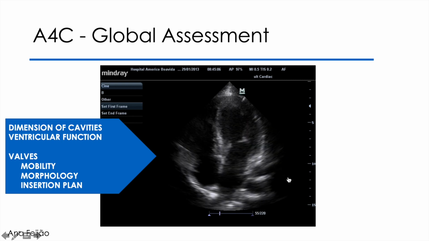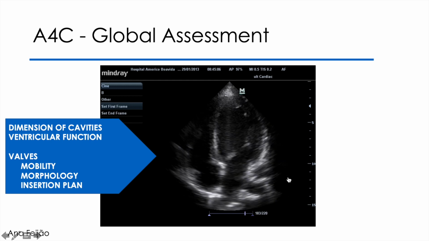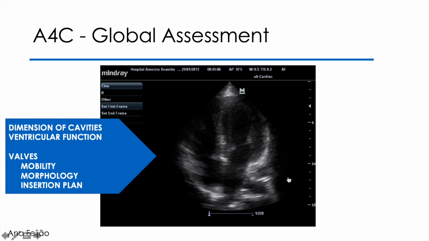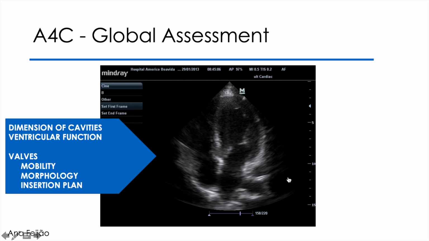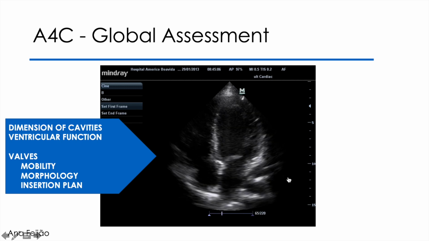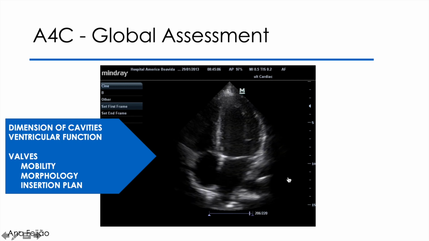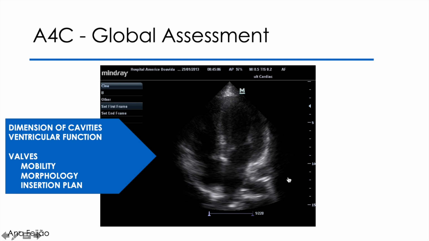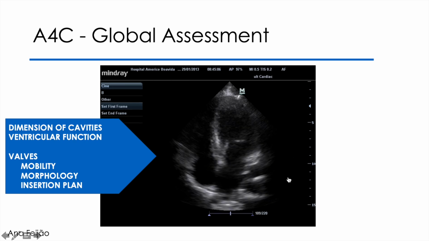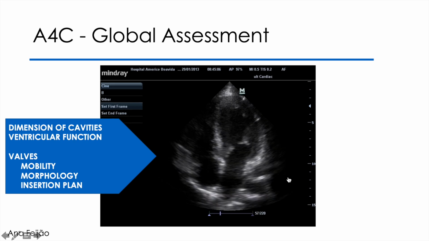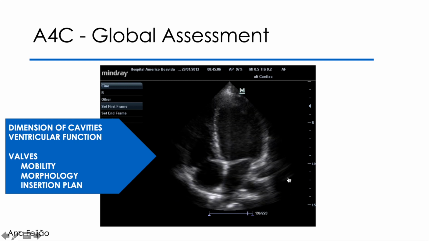Therefore, a prolapse should never be evaluated by this incidence. That is, if there is a leaflet prolapse, I will be able to diagnose it based on this incidence, but I cannot diagnose prolapse based on this incidence. Okay?